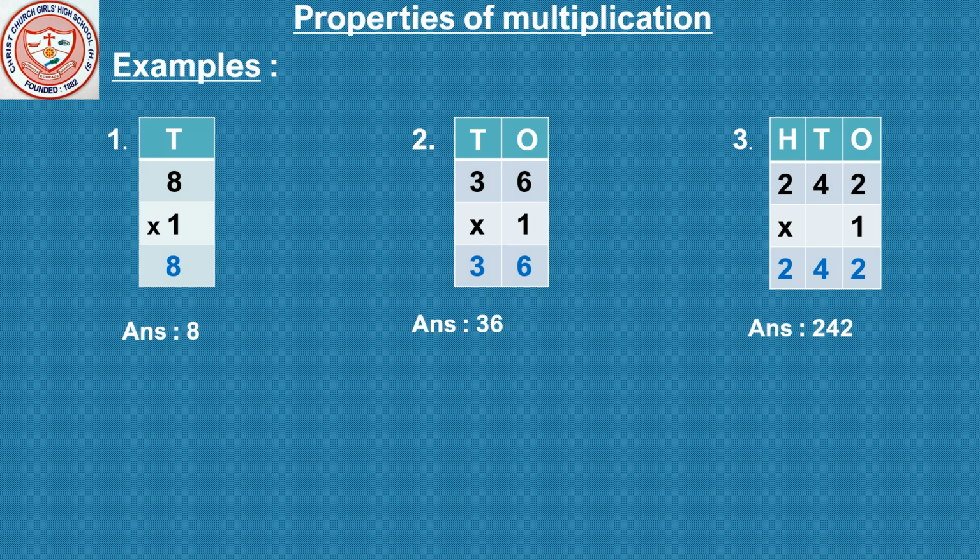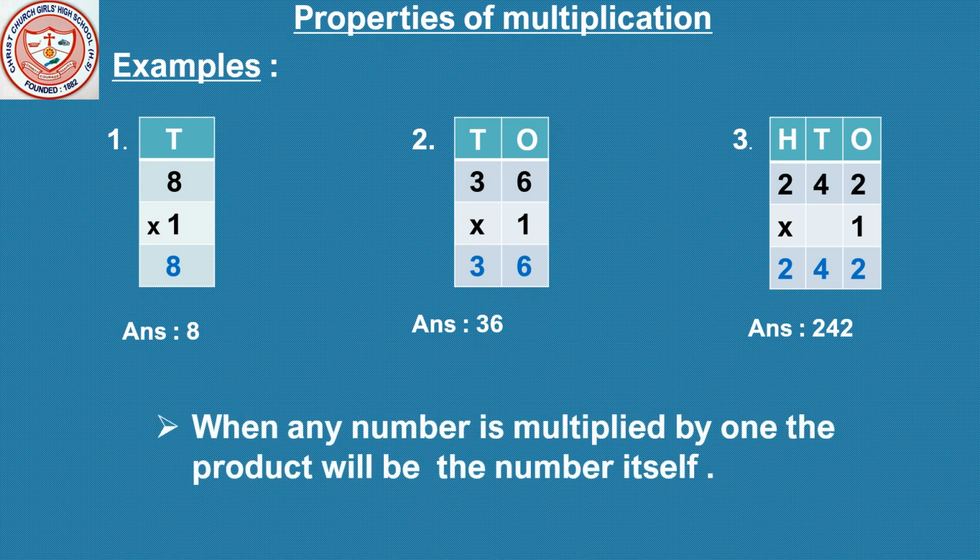Example number 3. 242 into 1 is equal to 242. So, what does it mean? It means when any number is multiplied by 1, the product will be the number itself, isn't it?